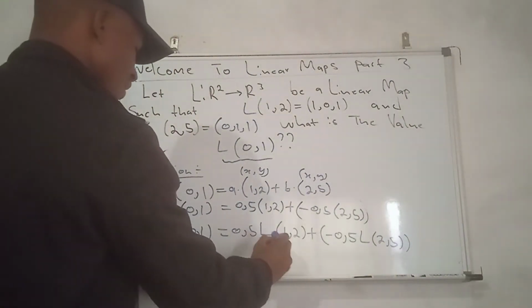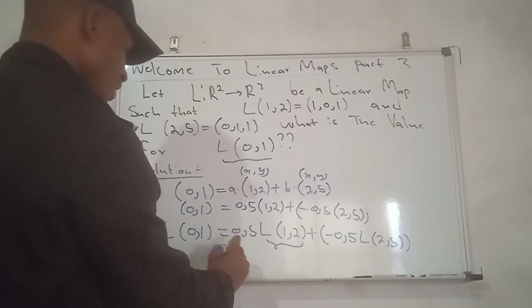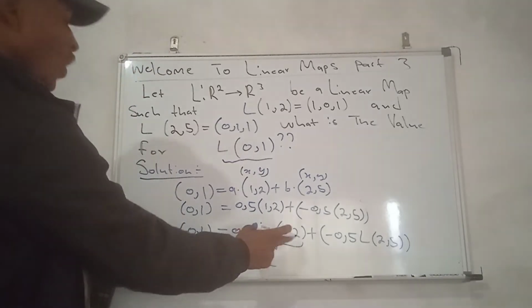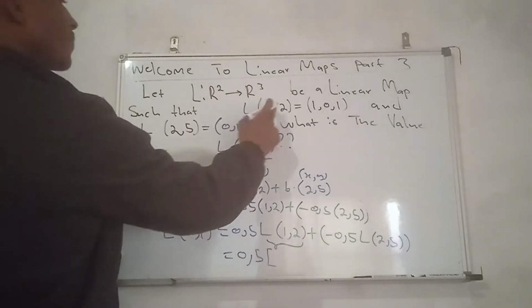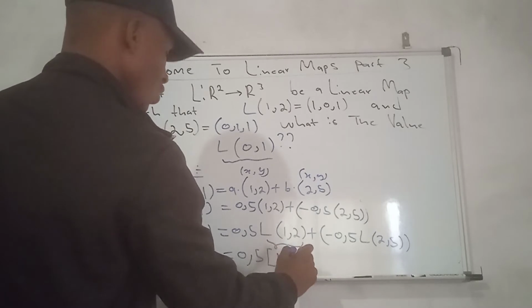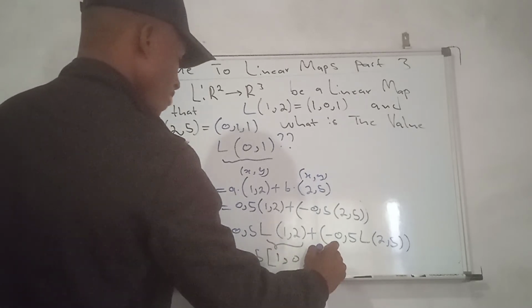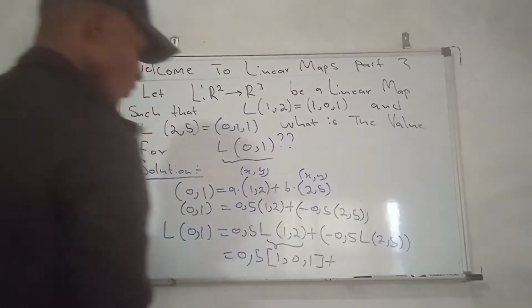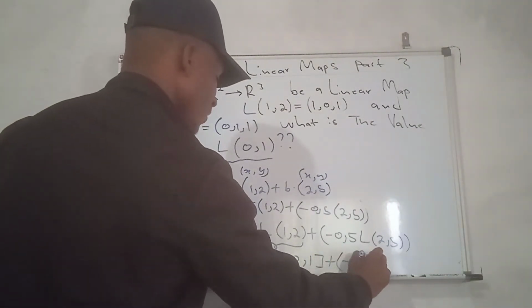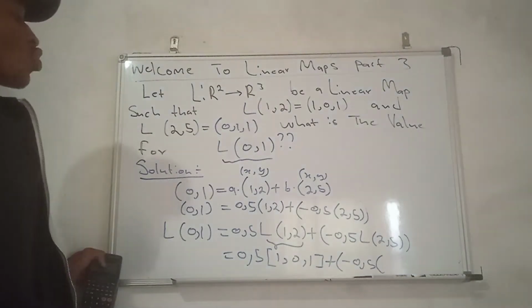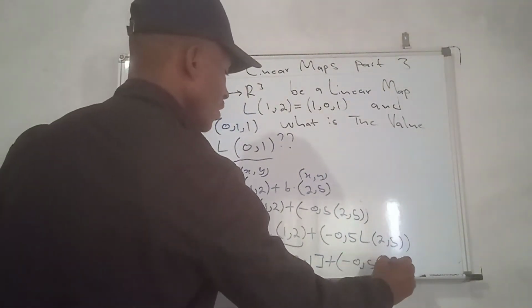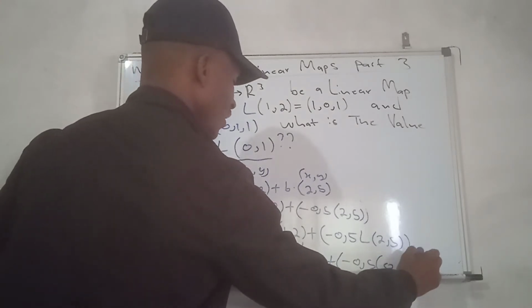So 0.5 L(1, 2) is the same as 0.5 times (1, 0, 1), plus, look at this guys, minus 0.5 times L(2, 5), which is (0, 1, 1).